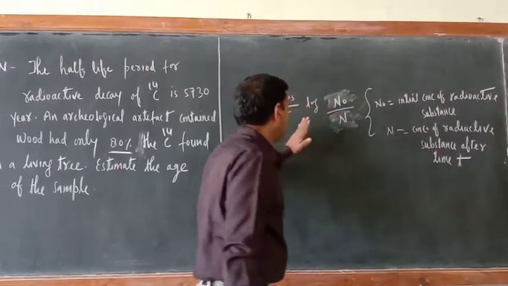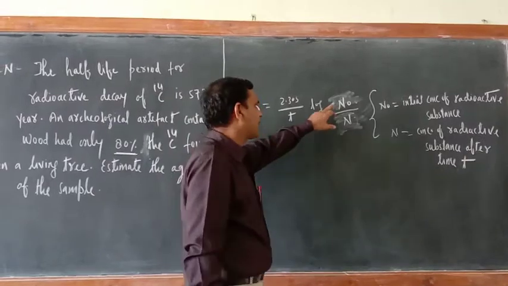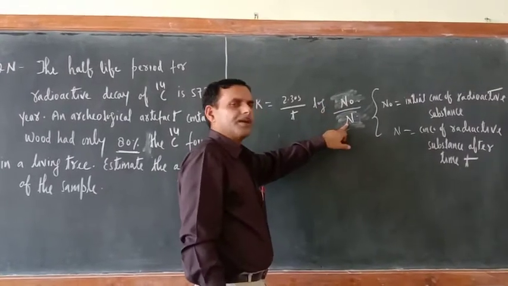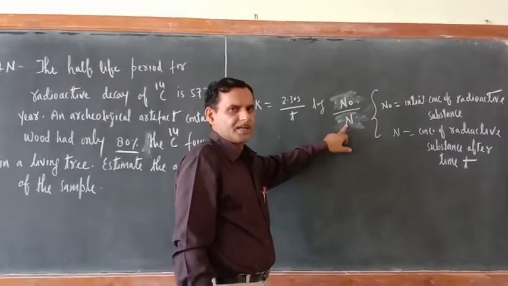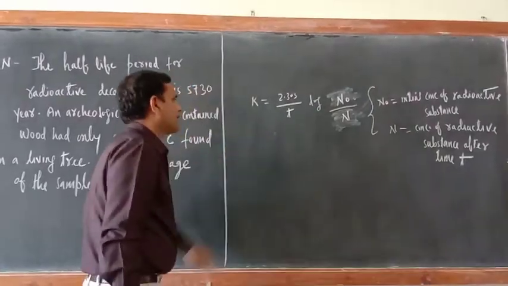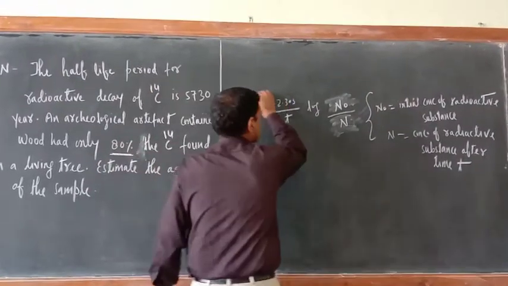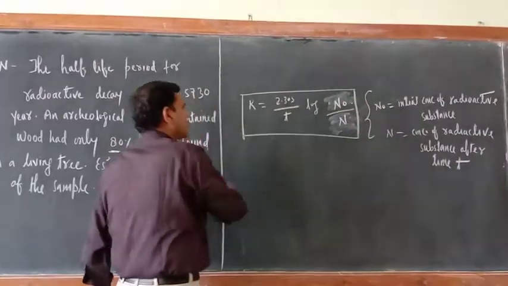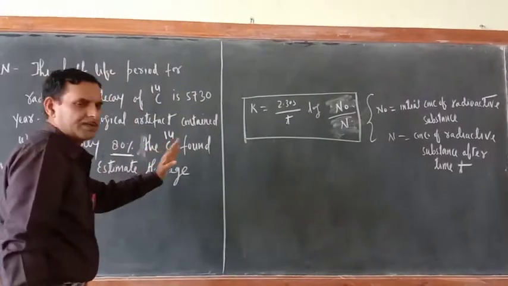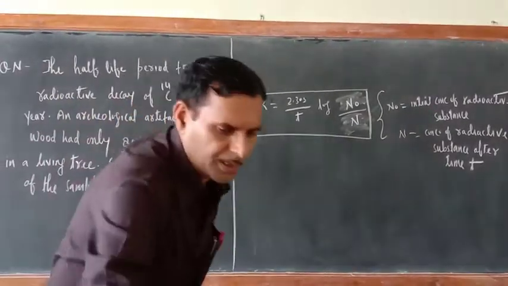So only a bit of modification is there. In place of A0, N0, and in place of A, N. The remaining thing is the same. So we have to apply this first order integrated rate equation for solving this numerical.